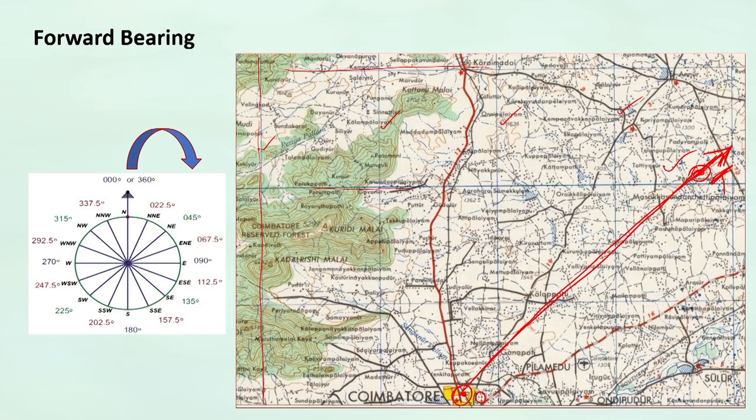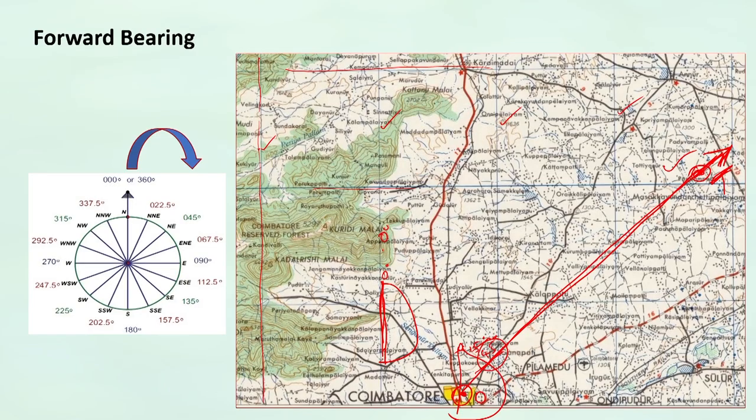The baseline of the protractor may be kept parallel to the eastings. So, for example, this is 0 degree, here the protractor will be 0 degree. So, you can keep like that, but the protractor should be kept here. Then from here you can measure the angle 0 degree, 15 degree, and here is 45 degree. Then where your line is crossed, that will be the answer. We should measure clockwise, not counterclockwise.